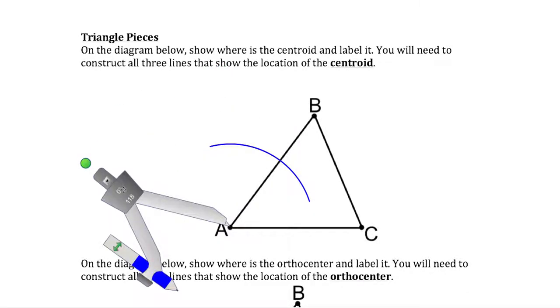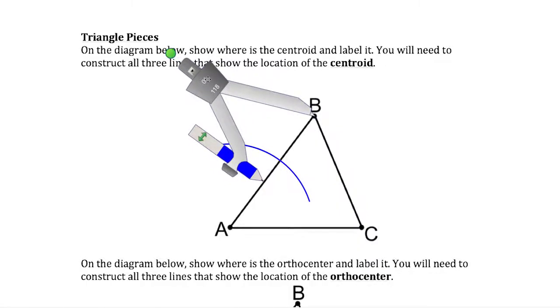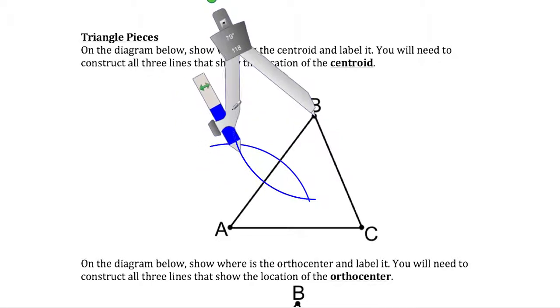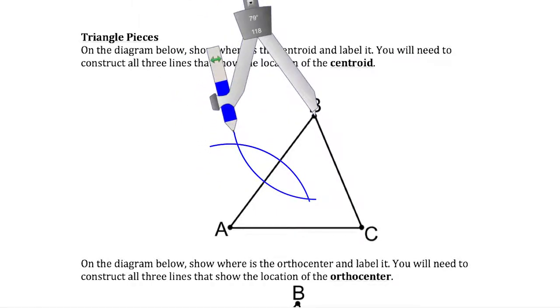And I do this from both sides there. And then if I draw a line connecting these 2 points, then where this intersects the circle is going to be the midpoint.